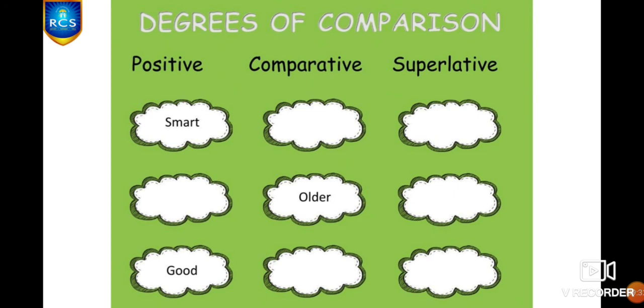The first worksheet is degrees of comparison. They have given you the positive in the first one, and you have to find out the comparative and superlative form. In the second one they have given you the comparative, then you have to find out positive and superlative.